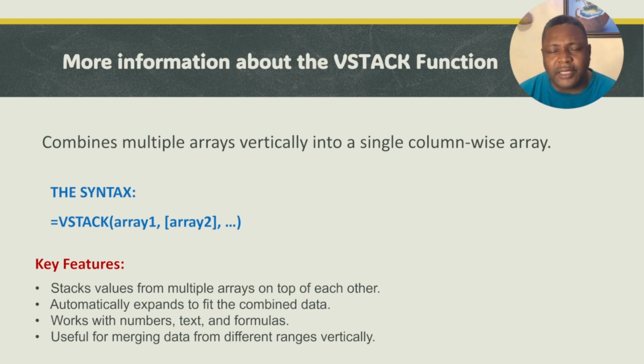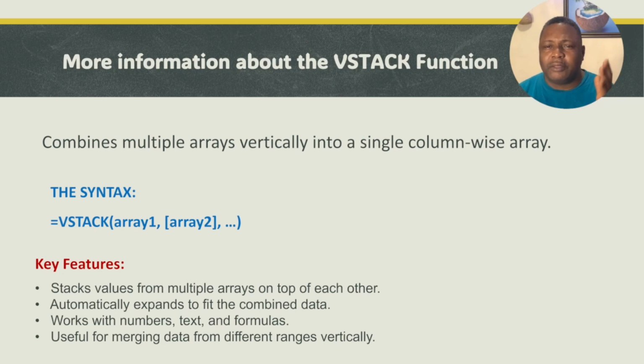Now, the VSTACK and the HSTACK functions are the type of function that replicates merging values side by side or merging at the bottom, like what we have in a database management system, where you can merge data side by side.